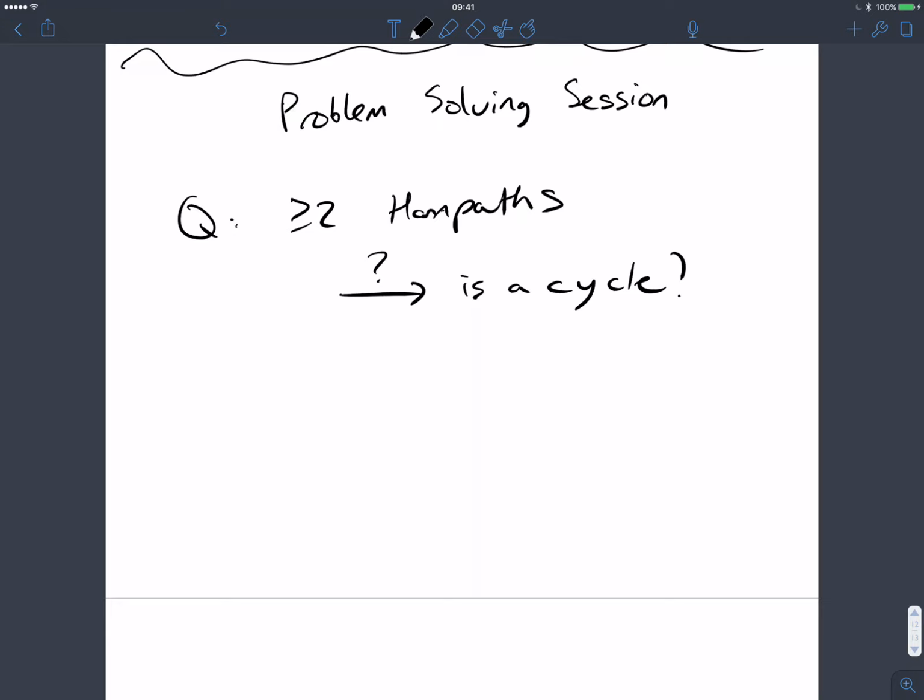Make sure it's a tournament first, because if it's not a tournament, then I can't say anything. Make sure that there are at least two Ham paths and see if there is a C3 in there and see how it came about. Was it because of the place where the two Ham paths were different, or did it somehow involve where maybe they agreed on some edge? Just see where that C3 lay somewhere.